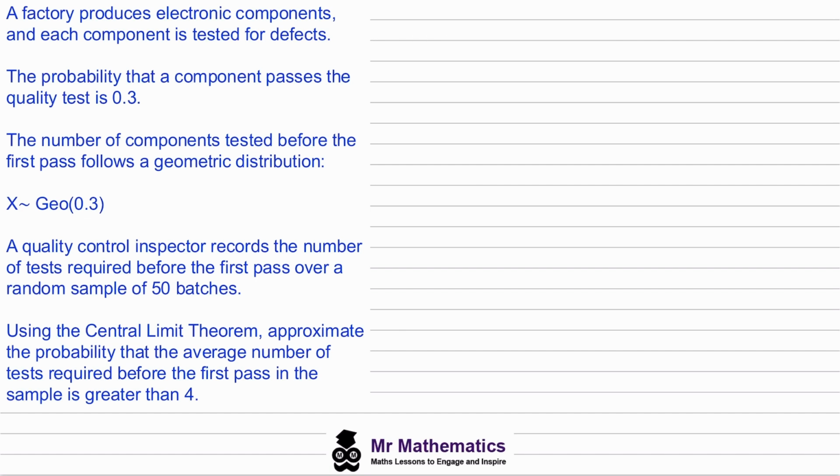Okay, so welcome back. So we need to work out the mean of this distribution. And this is the expected value of our geometric distribution, which is 1 over p. So this will be 1 over 0.3, which is 10/3. And then we need to work out the variance. This will be 1 minus p over p squared.